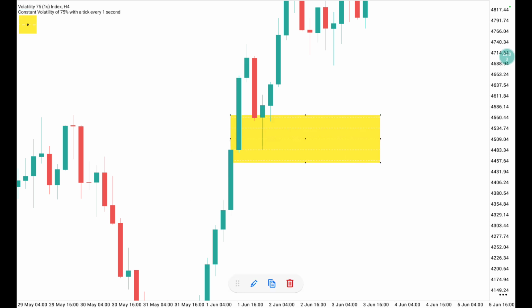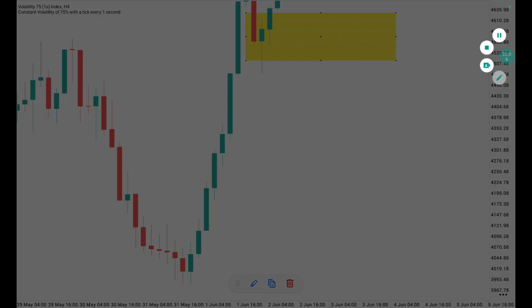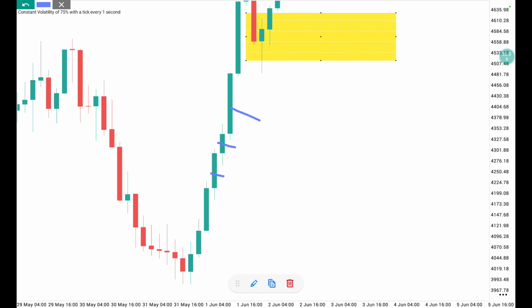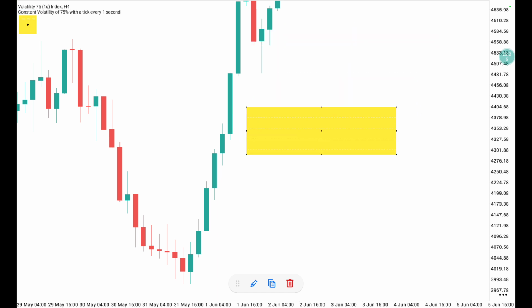Okay, and here we have this 1, 2, 3 candle. Look at the wick of the first one and the wick of the third one. So the upper wick of this one and the lower wick of this one, they are not touching, not overlapping, not trading into each other.